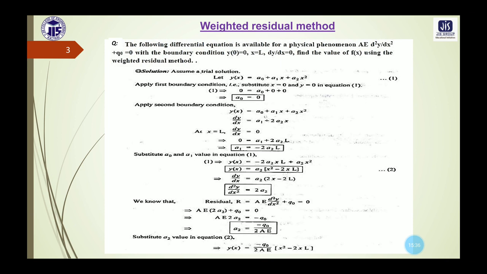Okay, now we need to find the value of a2 from that polynomial equation. We have already calculated a0 equals 0, and a1 equals minus 2a2L.